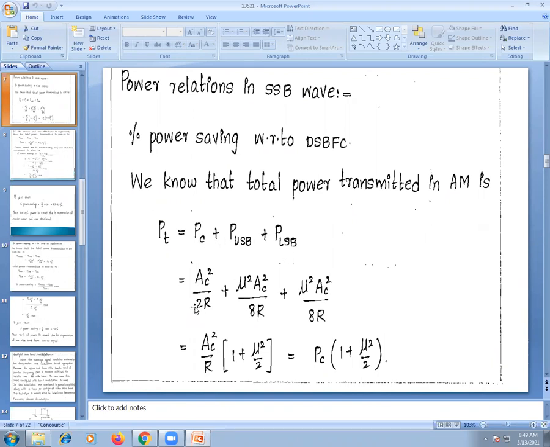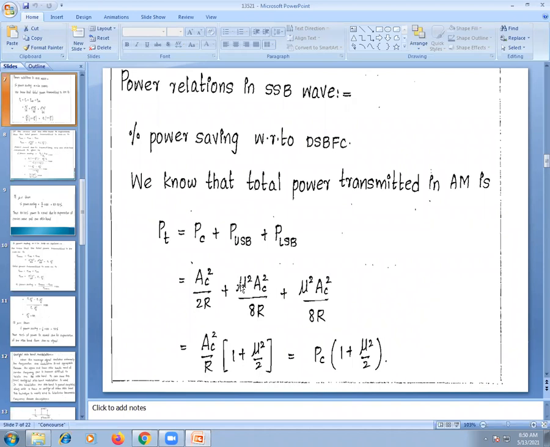Now, the carrier power is AC square by 2R, using the mean square value of the carrier. Like that, the mean square value of the upper sideband is M square AC square by 8R. Here you can write mu, but in general conversation it is M. What is that M?